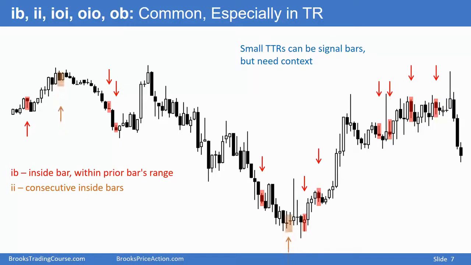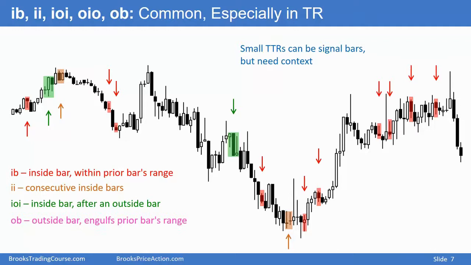There are a couple up here I showed earlier, up here and then down here. IOI, an inside bar after an outside bar. Over here is an example, and then over here, another example. So an inside bar following an outside bar. An outside bar, it engulfs the prior bar's range. Many examples here.